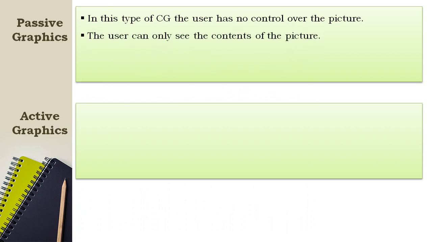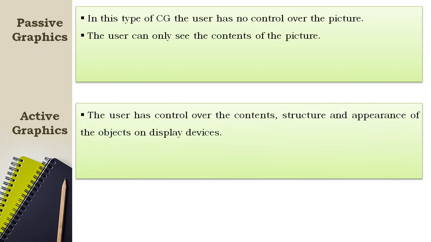User can only see the contents of the picture. And in active, user can interact with the contents. User has control over the contents, structure and appearance of the objects on display devices. For example, computer games. The user can control the contents. User can move forward the content or backward.